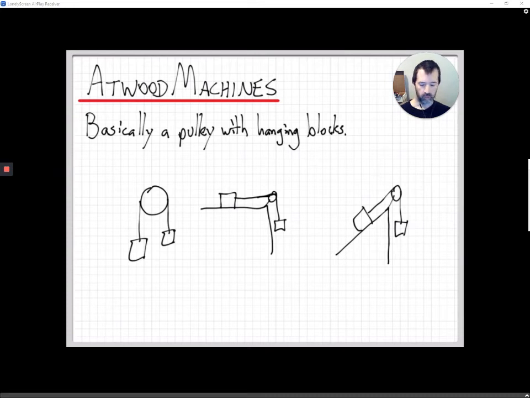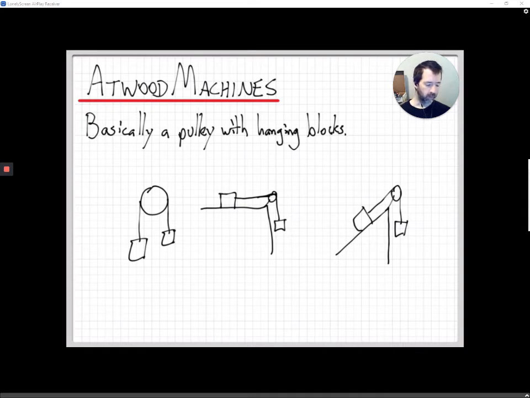And eventually when we talk about rotational inertias and torques, you can complicate things even more by having the pulley have some resistance to acceleration. But currently all the Atwood questions you see are going to talk about a massless, frictionless pulley, so you don't have to worry about torques.